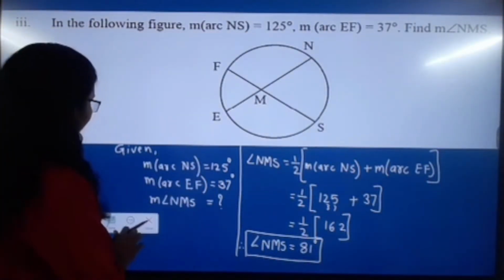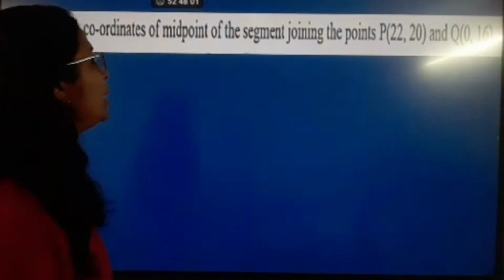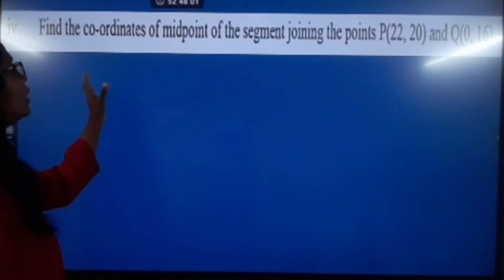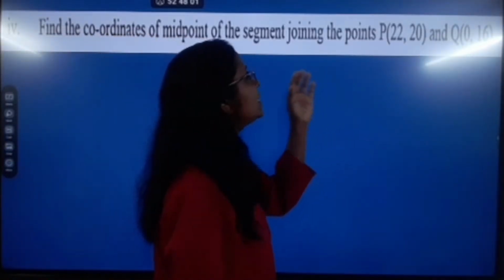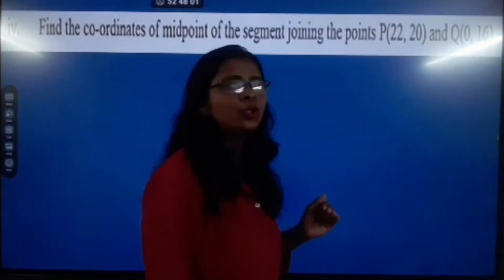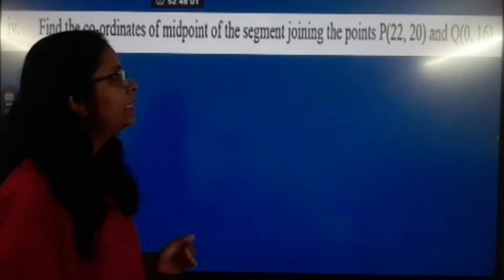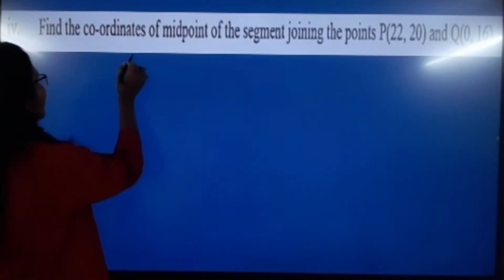Okay, then next one example. See the next one example. Find the coordinates of the midpoint of the segment joining the points P(22, 20) and Q(0, 16). Here first we write down the given.